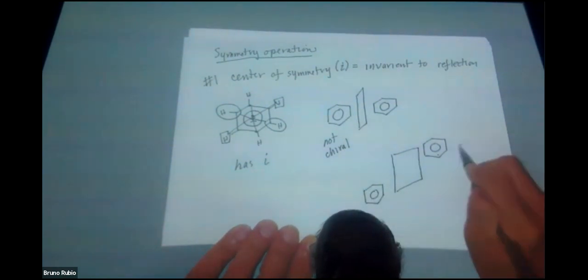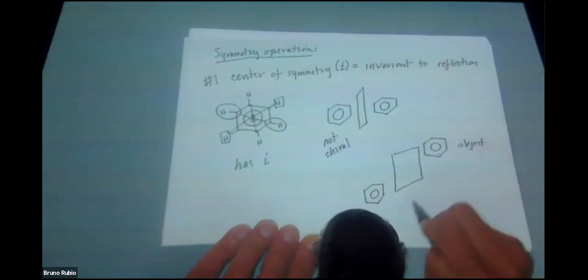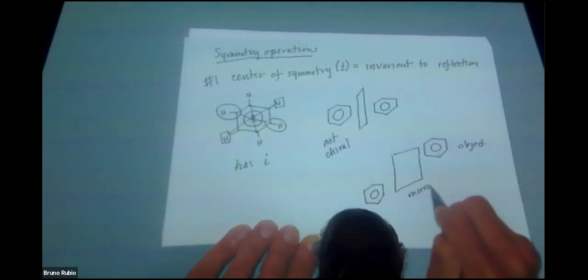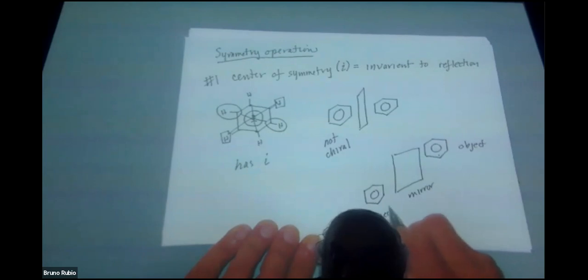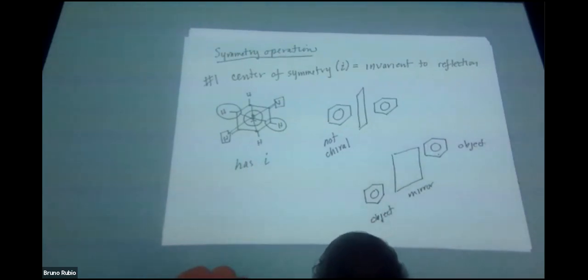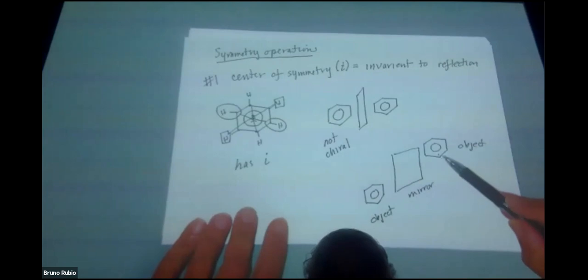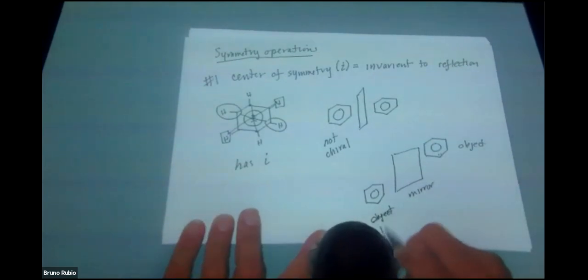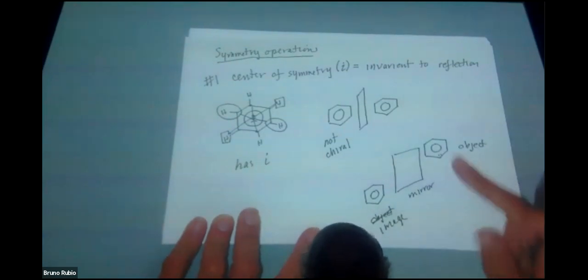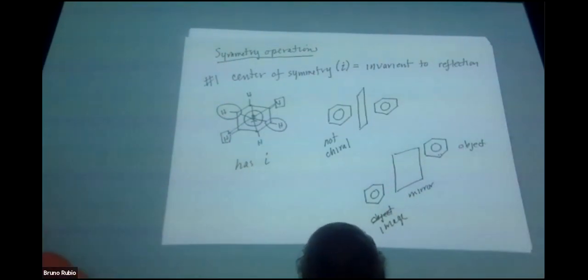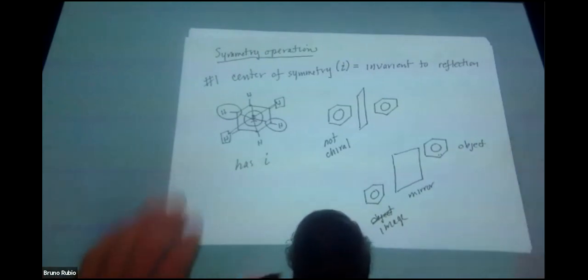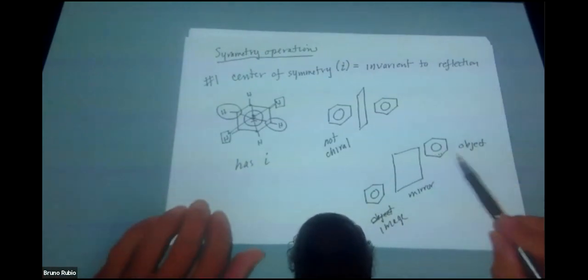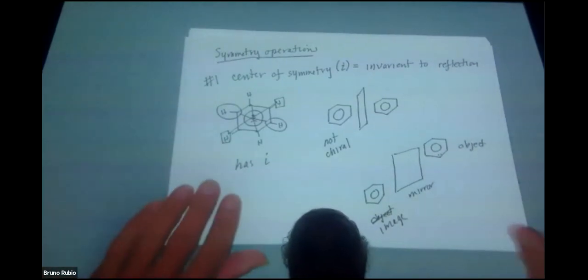There's the object. There's the mirror. I'm trying to get you away from thinking that the mirror always has to be between the two structures. It doesn't have to be. There's the object. This is the image. The object and the image are superimposable. Benzene has a superimposable mirror image. It is not chiral.